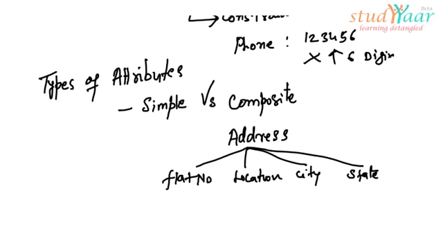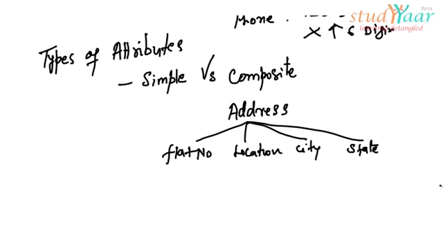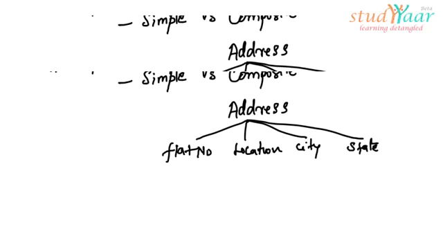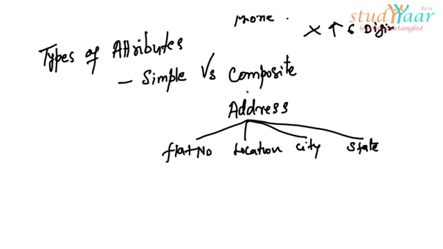So such attributes which themselves can be bifurcated into other attributes, other simpler attributes, are called as composite attributes. So address is a composite attribute and a flat number is a simple attribute.